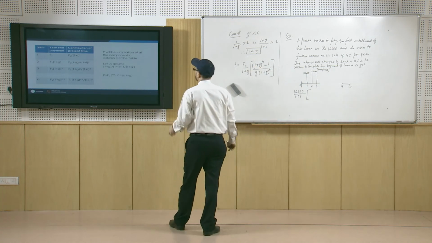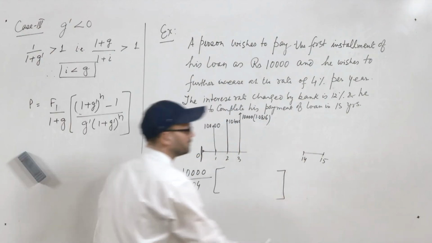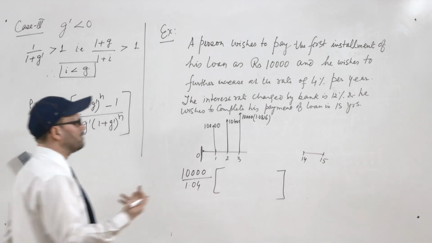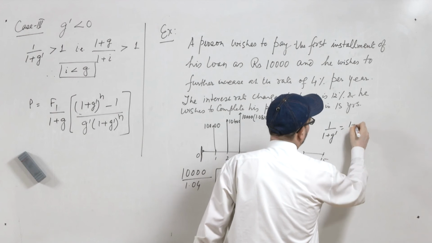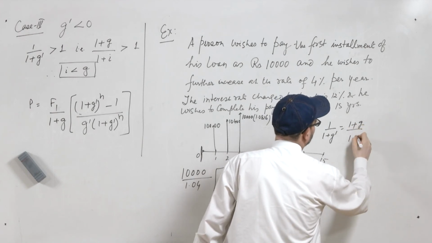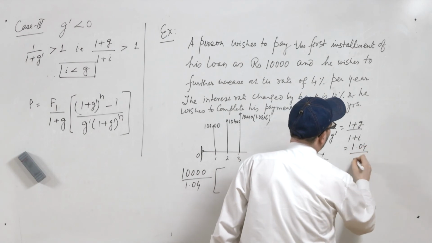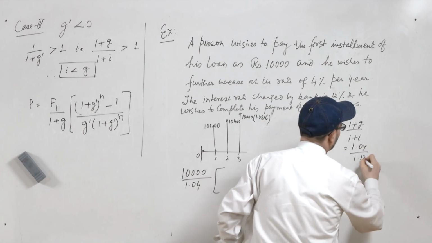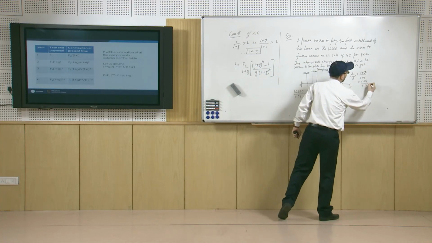This is P by A g prime n. So, you have to calculate first of all g prime, and we know how we calculate g prime. g prime will be calculated as 1 plus g by 1 plus i. So, in this case 1.04 by 1.12, as i is 12%.